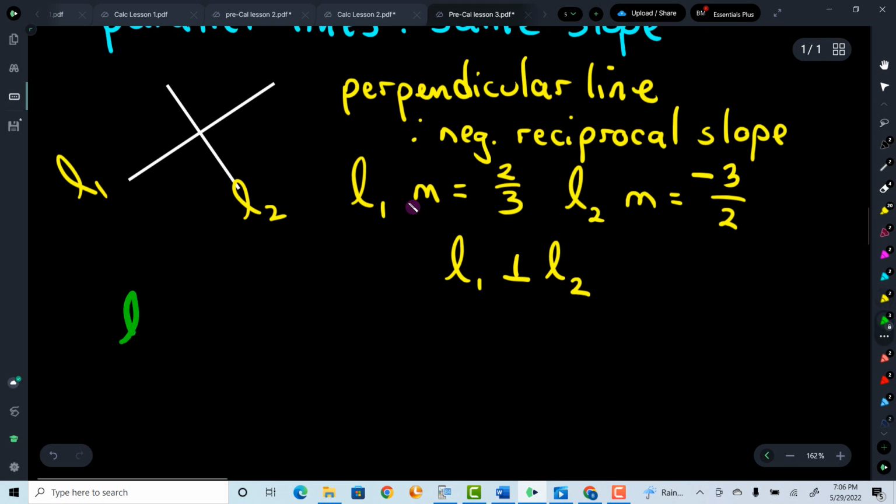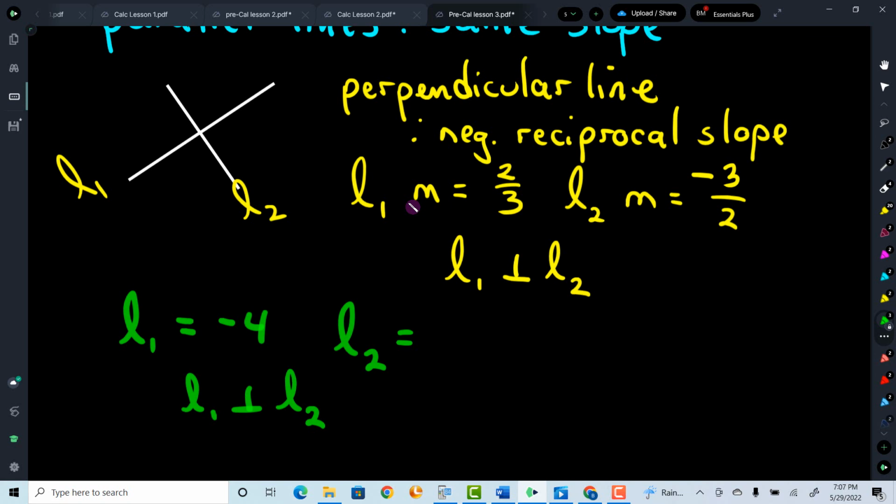So if line 1 had a slope of -4, and line 1 was perpendicular with line 2, what would the slope of line 2 be? Well, first off, it's going to be positive, but it's the reciprocal. So instead of 4, remember that's actually 4 over 1, it's going to be positive 1 over 4. Those two lines would be perpendicular.